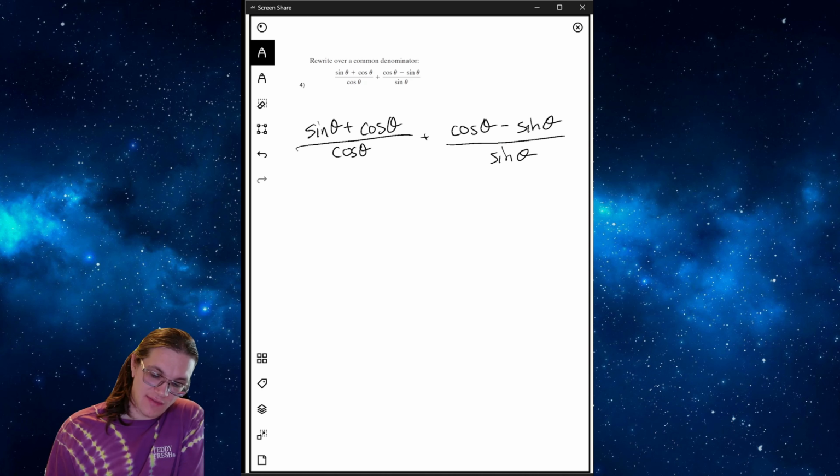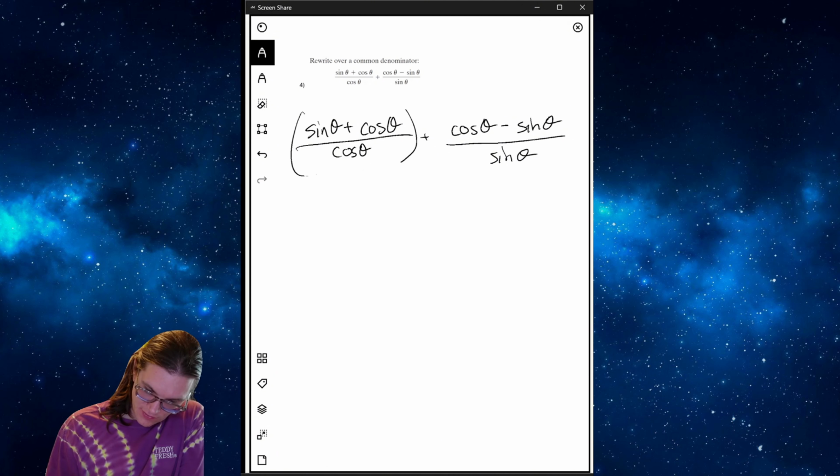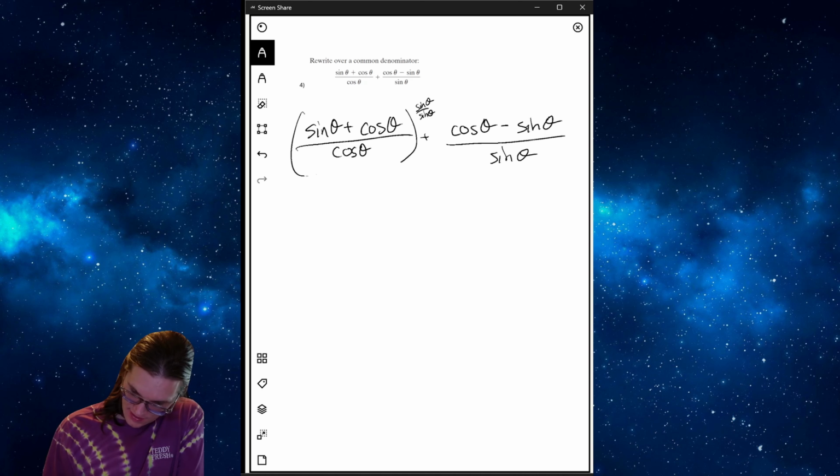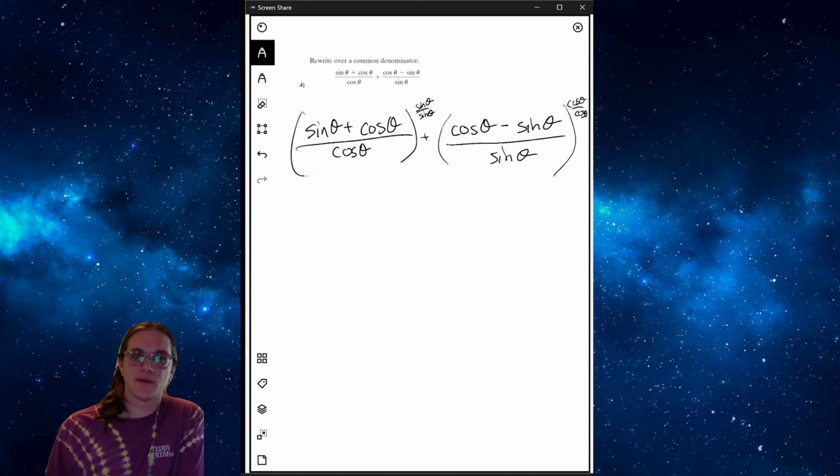If I do that, then they're both going to be sine times cosine in the denominator. So I'm just going to put it real quick right here, sine theta over sine theta, and cosine theta over cosine theta. Just know that that's what I'm doing.